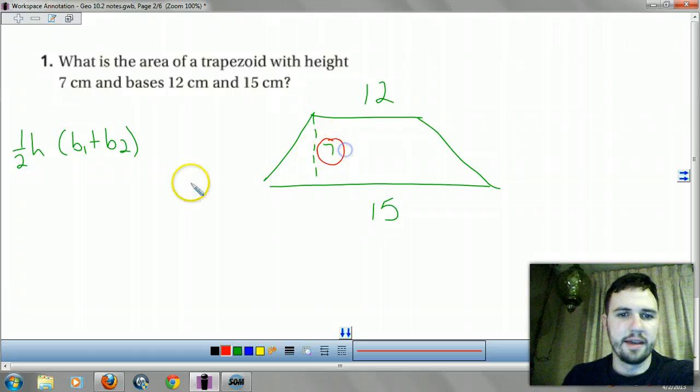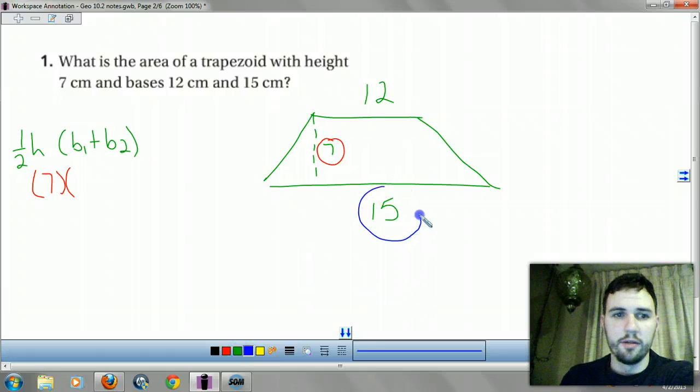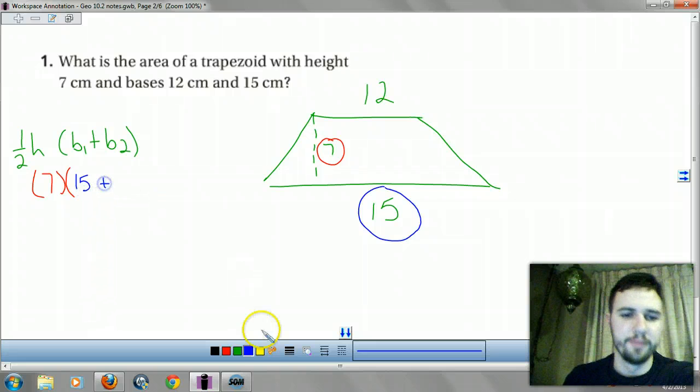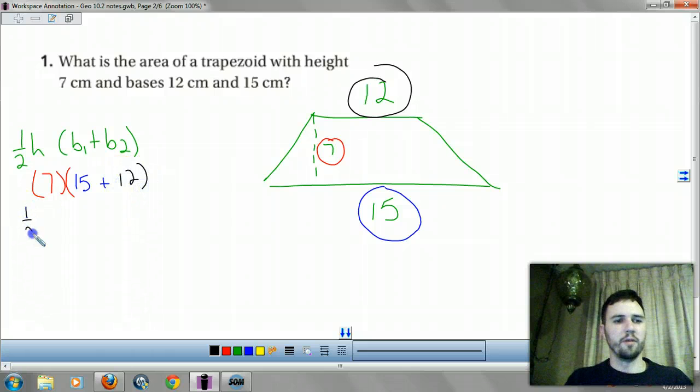My height is 7, my base 1 is 15. It doesn't matter which one's base 1, base 2. And base 2 is 12. So you get 1/2 times 7 times 15 plus 12, which is 27, right?